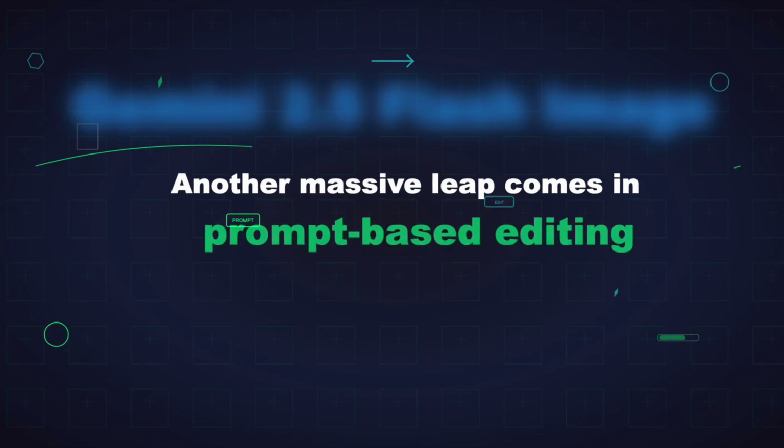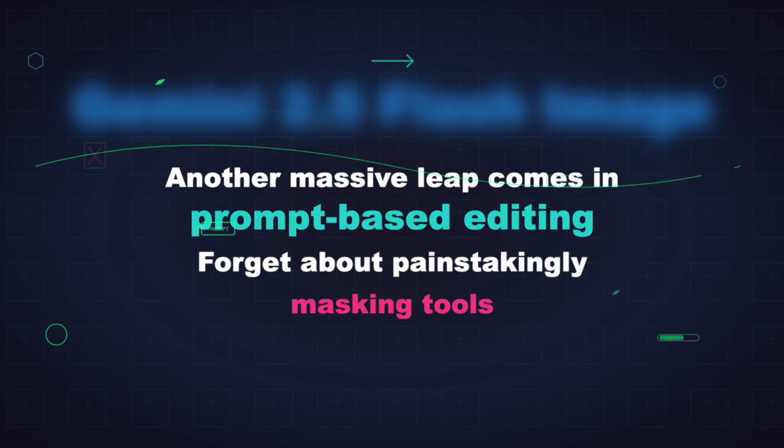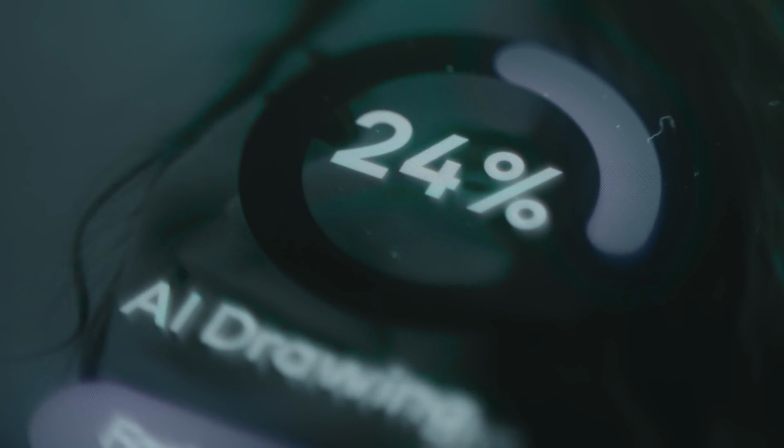Another massive leap comes in the form of prompt-based editing. Forget about painstakingly messing around with masking tools or manually selecting specific parts of an image. Now, you can simply tell the model what you want changed, and it understands.